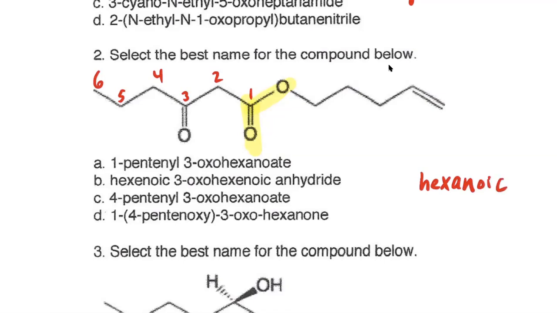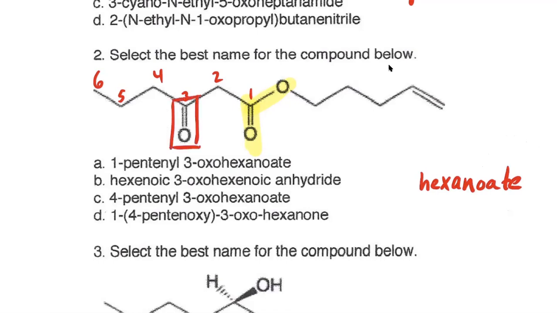But here we don't. We have this carboxylic acid derivative. And with the carboxylic acid derivative, what we're going to want to do for the esters is drop the oic. And what we're going to add instead is oate towards the end. So hexanoate. All right. And that would be indicative that we have this ester. Okay. And then coming off of our parent, contrary to the last problem, what we have here is a carbonyl.